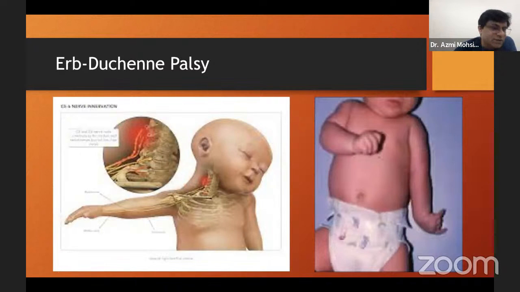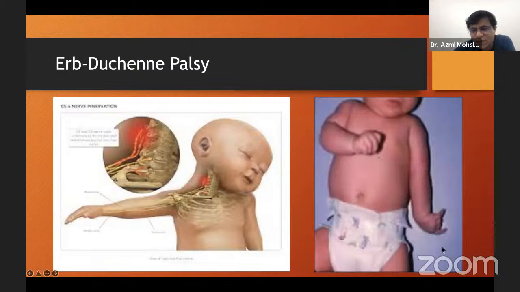Why flexion at the wrist? Remember, flexor carpi ulnaris, C8 T1 through the ulnar nerve, so that has a role. Even the medial two tendons of flexor digitorum profundus are also innervated by the ulnar nerve. So there will be flexion at the wrist. That's how the position looks: the hand suspended by the side, extended, with pronated forearm, and flexed at the wrist.